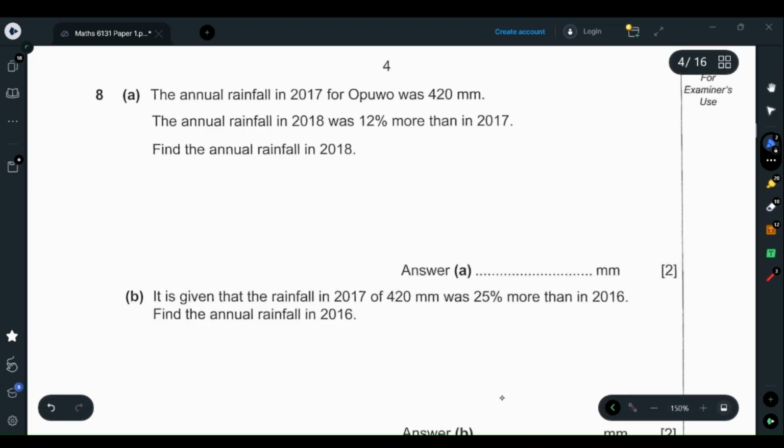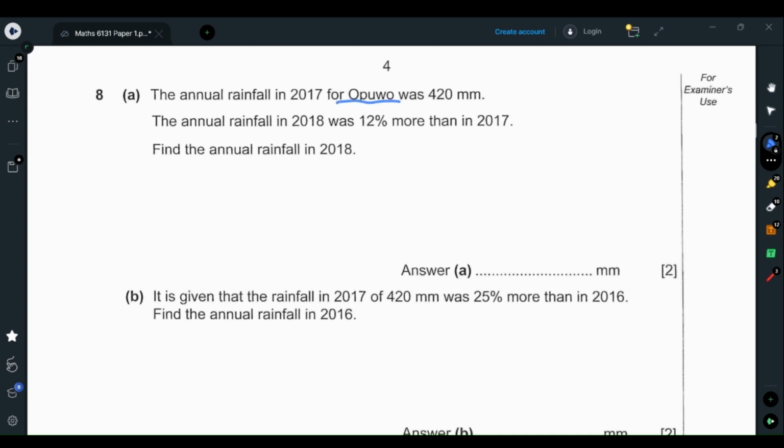Welcome. Question 8: the annual rainfall in 2017 for Opuo, which is an area in Namibia, was 420 millimeters. The annual rainfall in 2018 was 12% more than in 2017.